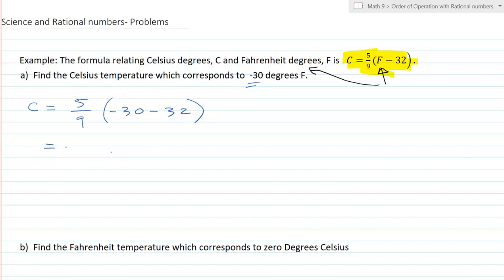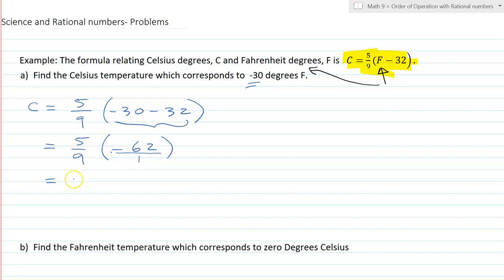Basically, you have to simplify this, and we know how to do that. Do the math in the bracket first. So 5 over 9 is outside, times, and the bracket gives minus 62. And then you can multiply. Remember, minus 62 is over 1 because it doesn't show a fraction, but it is over 1.